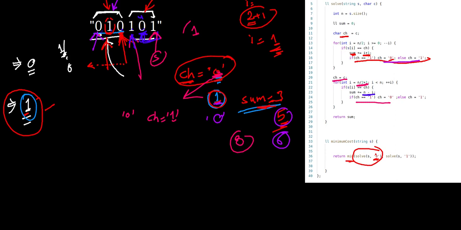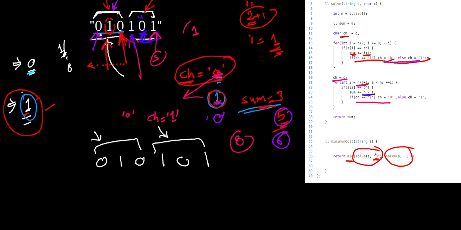Now let's find the solution if we want to move all the characters to 0 using this method. So the string is 0 1 0 1 0 1. This is the first half and this is the second half. We start from this index, ch is initially 1, because we are going to convert to 0, so we are looking for 1.